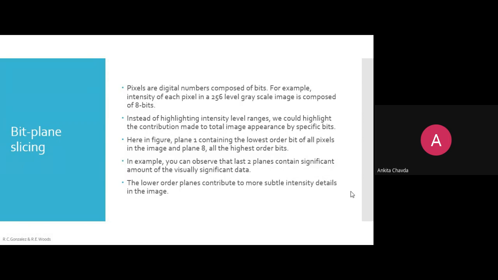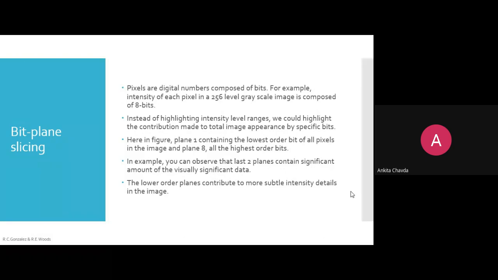So the 0th bit of your first pixel, the 0th bit of your second pixel, the 0th bit of your third pixel, and you can imagine your 500 cross 500 image. I hope you are getting a few of the things, right?